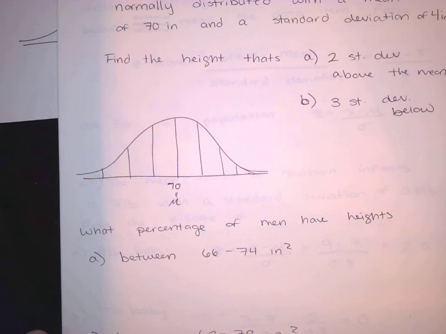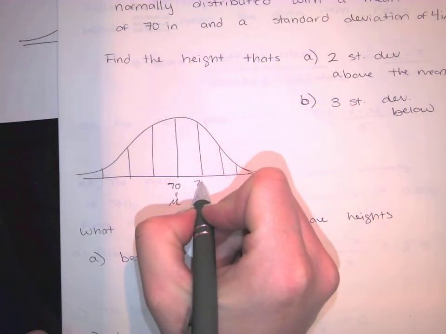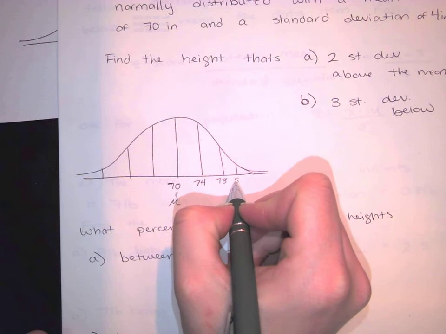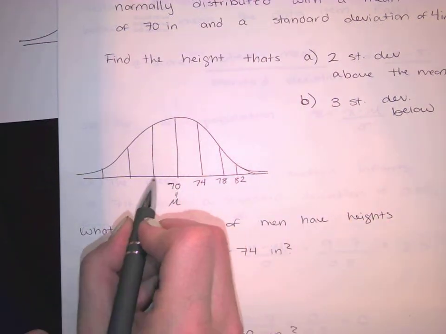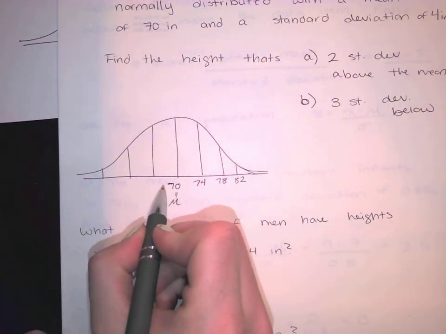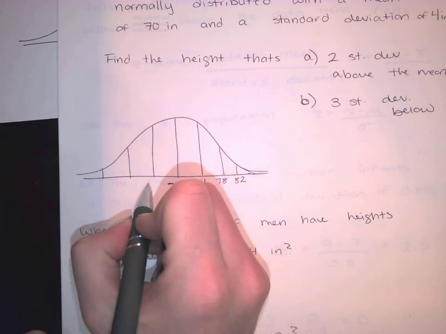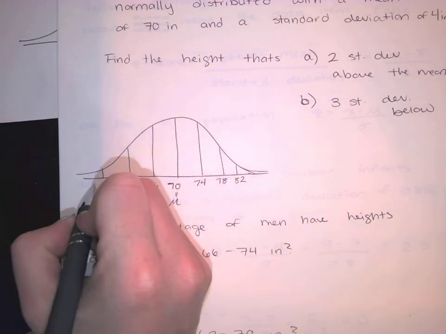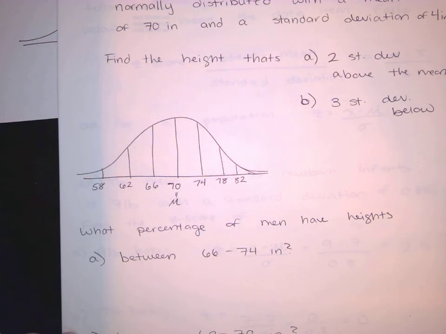One standard deviation above would be 74 inches, then 78, I'm just adding 4, then 82, and then going in the other direction below, I'm subtracting 4. So 66, 62, 58.